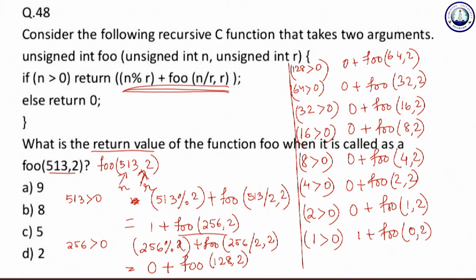Okay. Now, what is foo of 0, 2? It is 0.